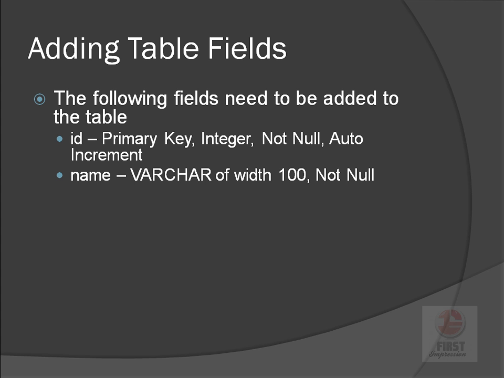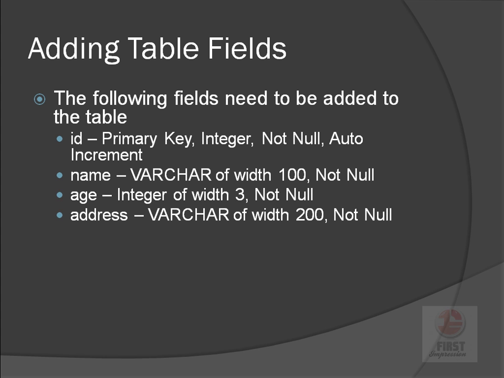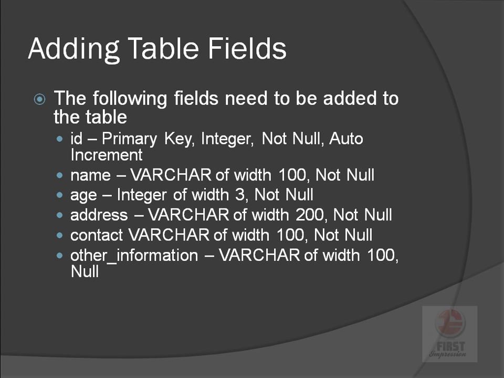Then you have name, age, address, contact, and other information. The name is a varchar. A varchar indicates it is a variable character, that is, it can contain a series of characters of variable length up till 100. The maximum length of name will be 100. The maximum length of age, of type integer, will be 3, because no one can be of age more than 999.